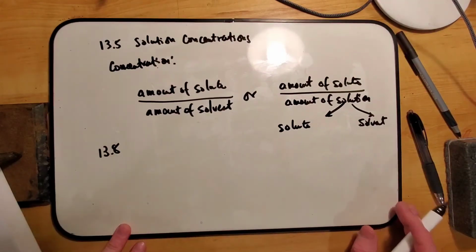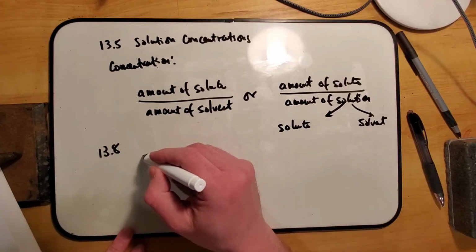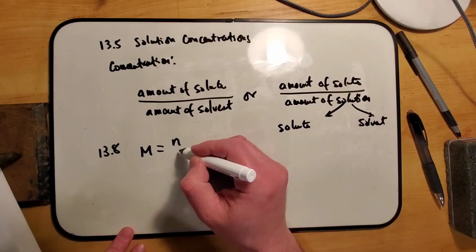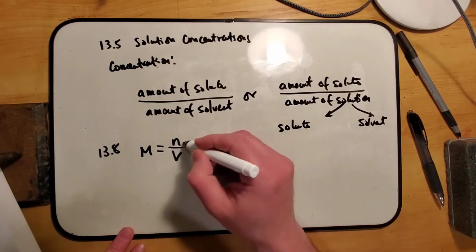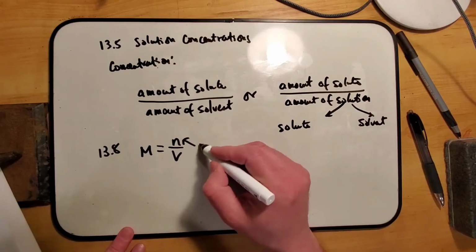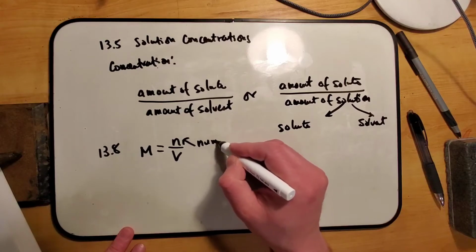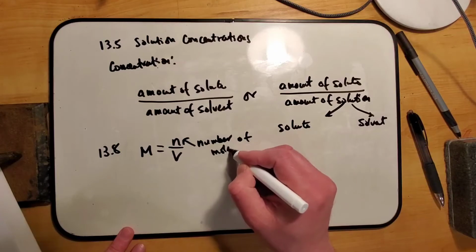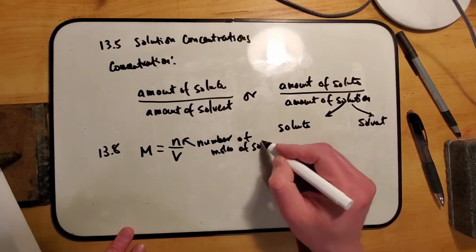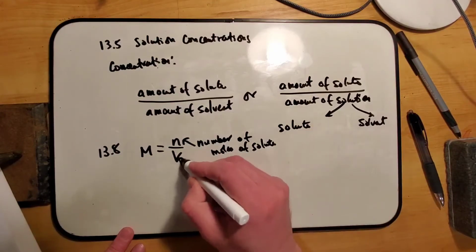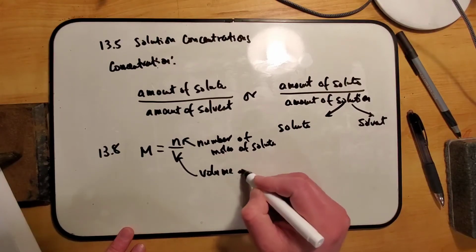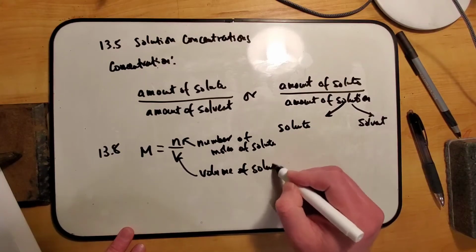And so the molarity concentration unit is nothing else but M is equal to n over V, where n is the number of moles of the solute, and the V here is the volume of solution.